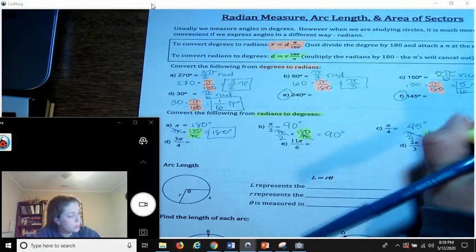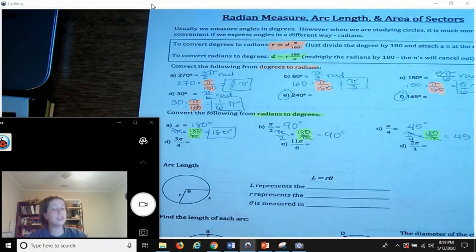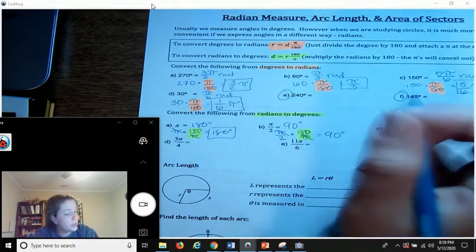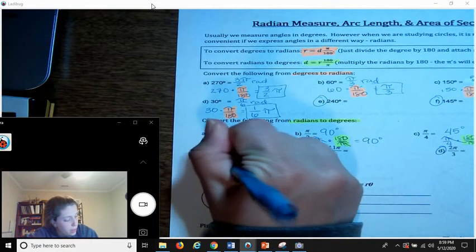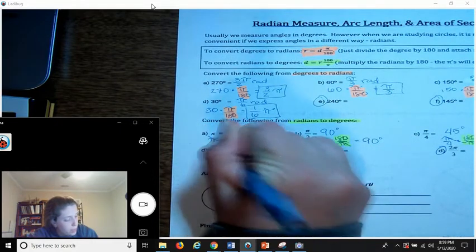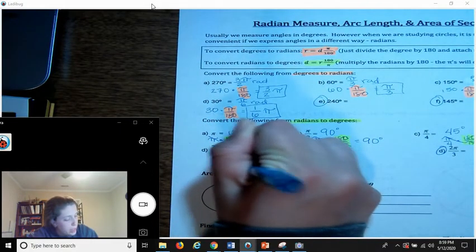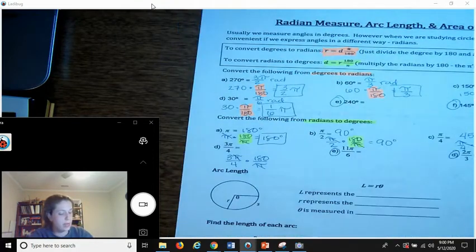I'll do one more with you, and then I want you to do E and F as a you-do, and check your solutions below. Okay, so here we have 3 pi over 4. We're multiplying by 180 over pi, canceling out our pi. Now 180 divided by 4 is 45, just like we saw last time, but then we're multiplying that by 3 to get 135.